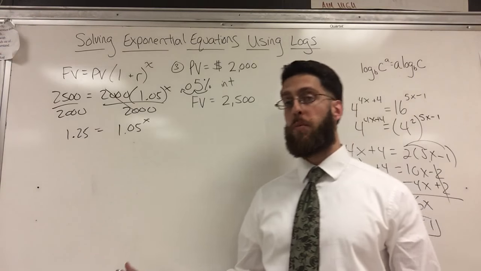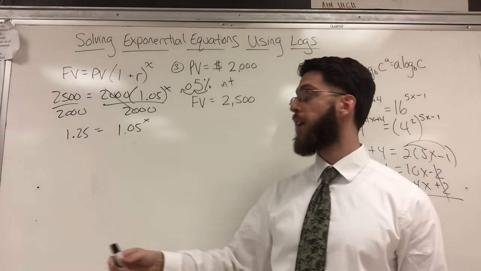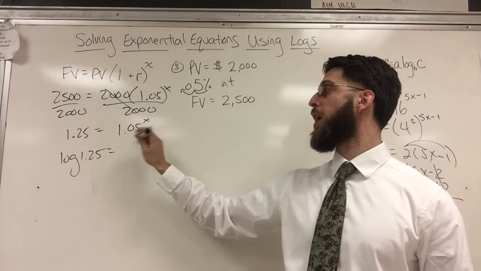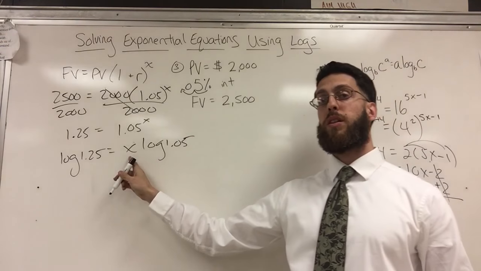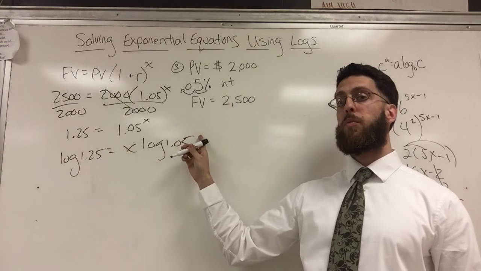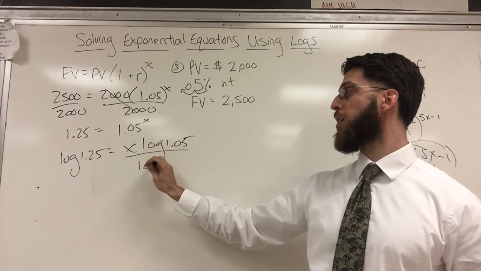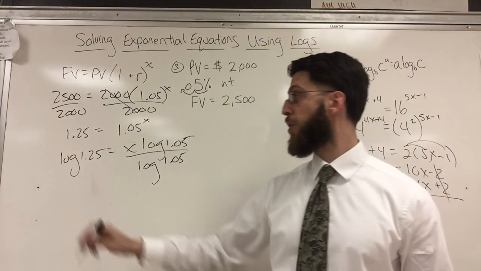Now I'm going to do what I've been doing. Take the log of both sides and use the power rule. I'm going to do it all in one shot now. So log of 1.25 equals x times the log of 1.05. See what I did there? I know the power rule says I can write the exponent as the coefficient. And now I want to get x alone, so I divide by log of 1.05. The more you practice this, the smoother the transitions become.